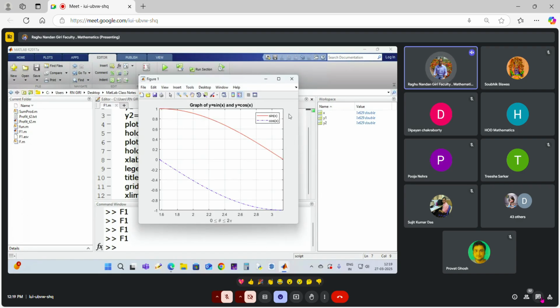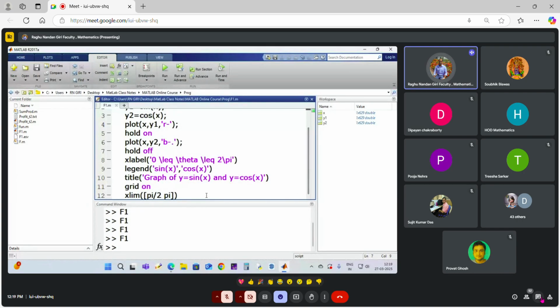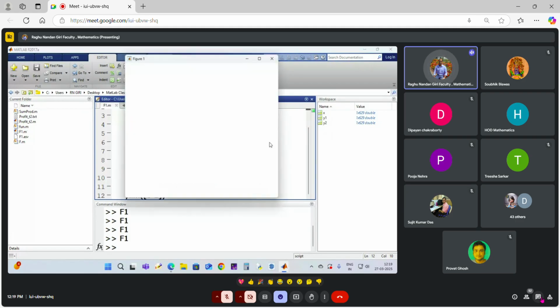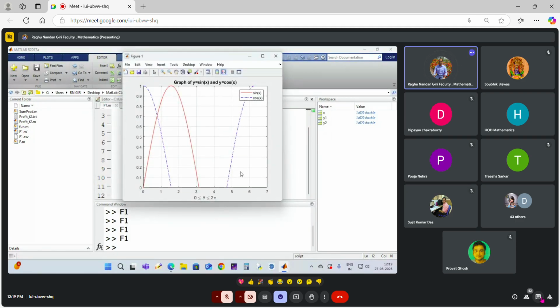So this way we can also change the y limit. If I mention the y limit 0 to 1, only the positive values, not negative values. So this can also be obtained from this figure.